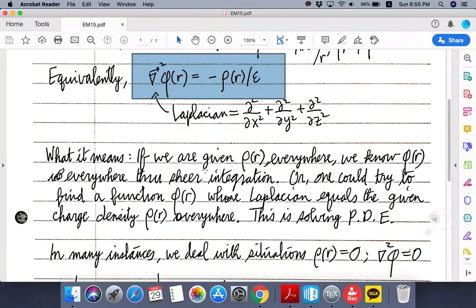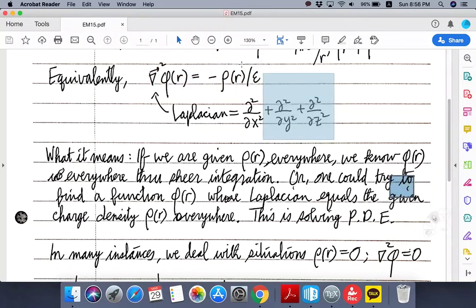So, as with any other differential equation, what this equation is telling us is that once we know exactly what the charge density is everywhere, then in principle it should be possible to find a function phi, which, if operated on with a Laplacian, would exactly reproduce that charge density.